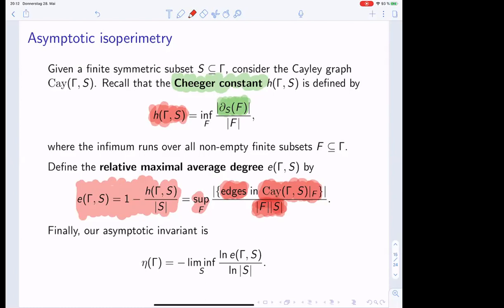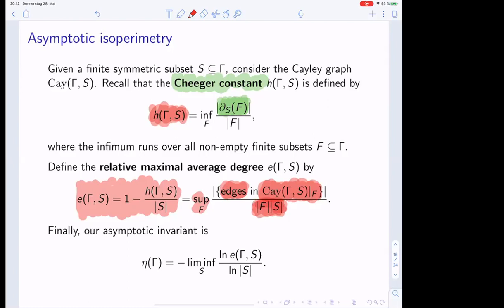So you're normalizing it in some sense. If you would only look at the numerator, then it would be the maximal average degree, and it's also relative to S, so we call it the relative maximal average degree.